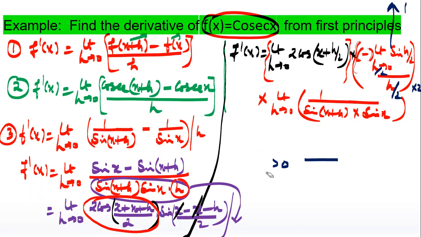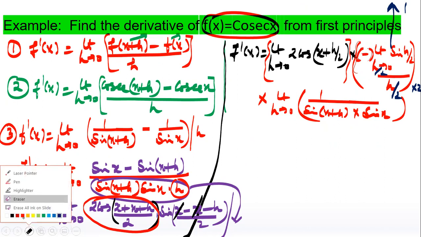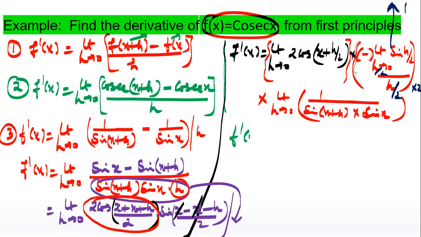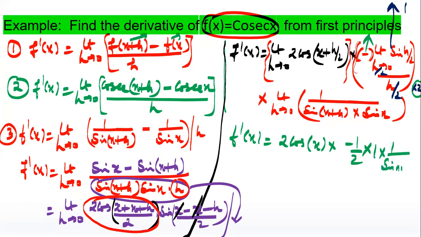So finding the value of the limit, substituting the value of the limit, we will get f'(x) equals 2 cos x into minus 1 upon 2. This minus sign and this 2. And its value will be 1 into 1 upon sine x into sine x.